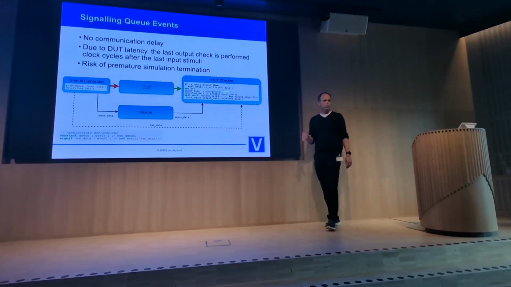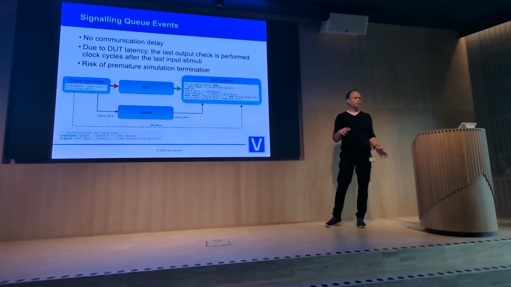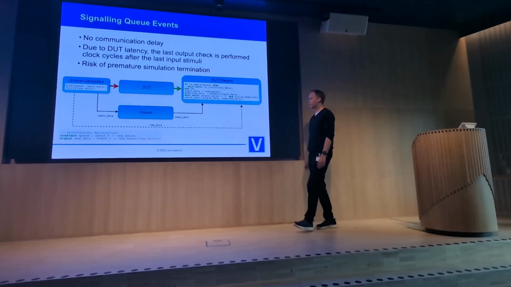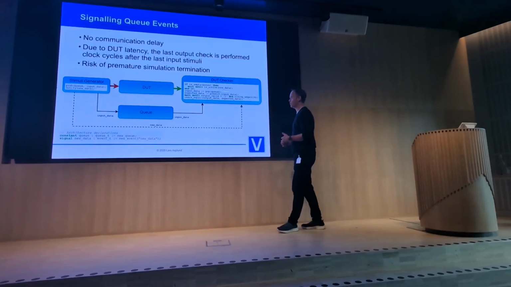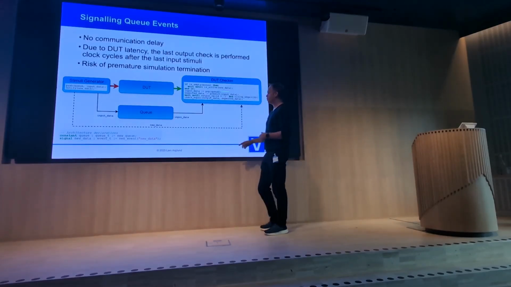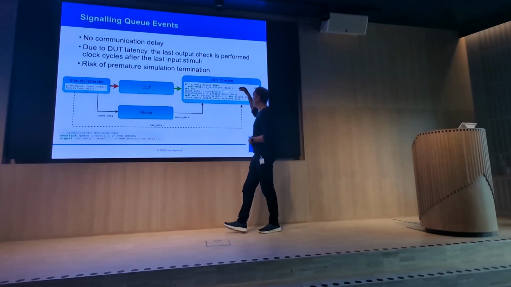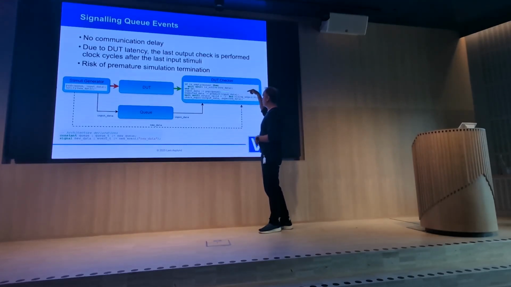Okay, so I wait for like 3 clock cycles, or maybe make it 10 just to have some margin. Isn't that good enough? No, not really, because you can have a major flaw in your DUT which prevents it from generating any output data. So the first thing you put into the queue will wake up this checker, and then it will get stuck waiting for output data valid.